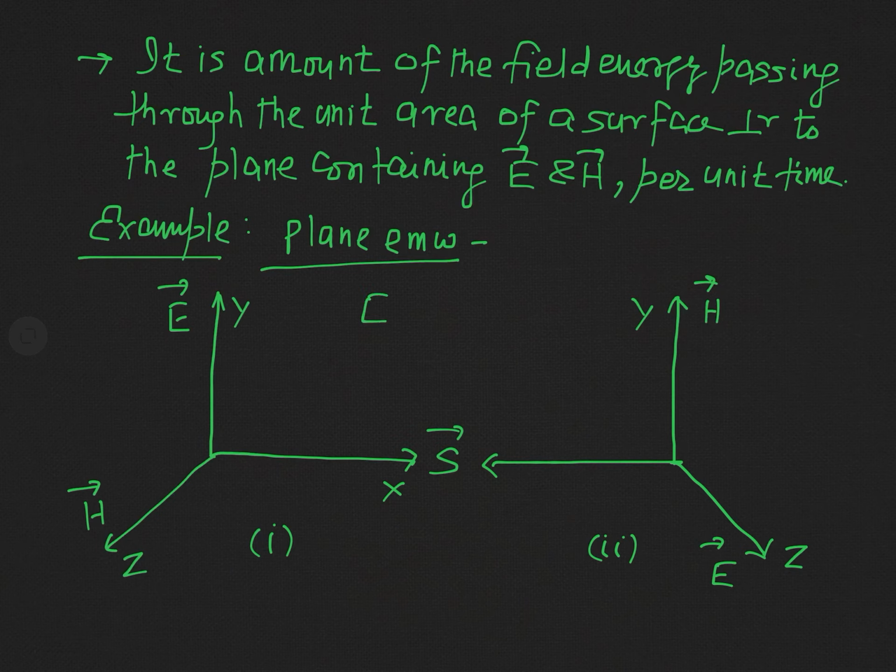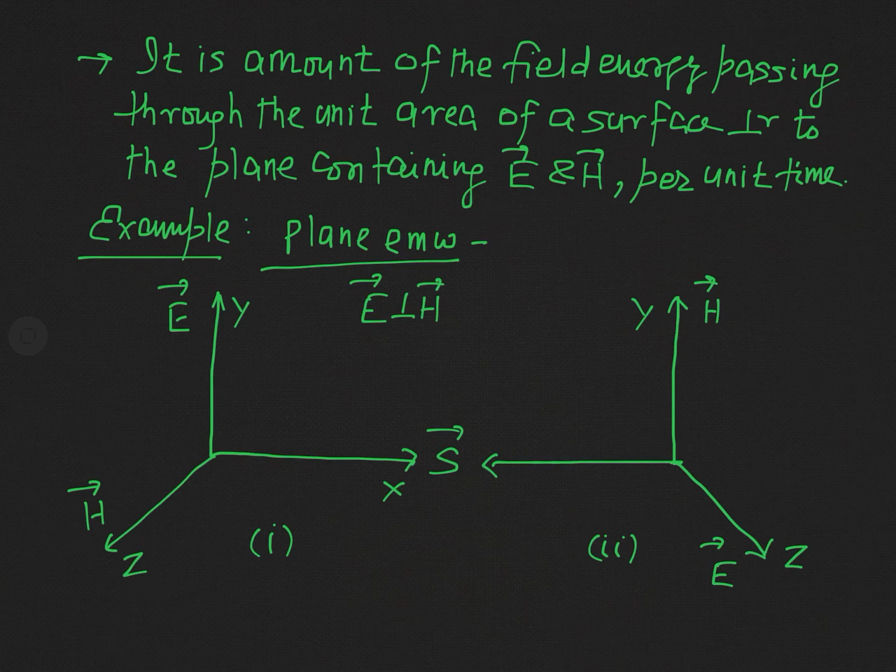We know that in a plane polarized electromagnetic wave, E and H are perpendicular to one another, and at the same time these two vectors oscillate perpendicular to the direction of propagation of the wave. A plane polarized electromagnetic wave is a transverse wave, so both E and H are perpendicular to the direction of propagation of the wave. Now see this first figure.